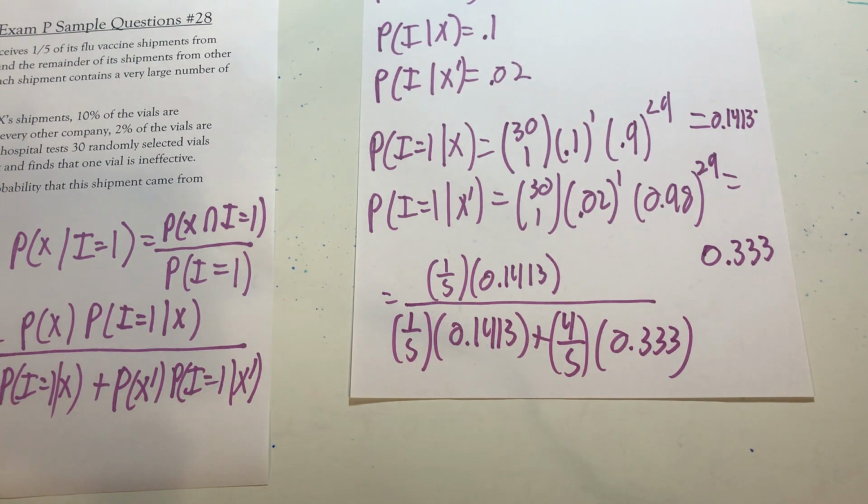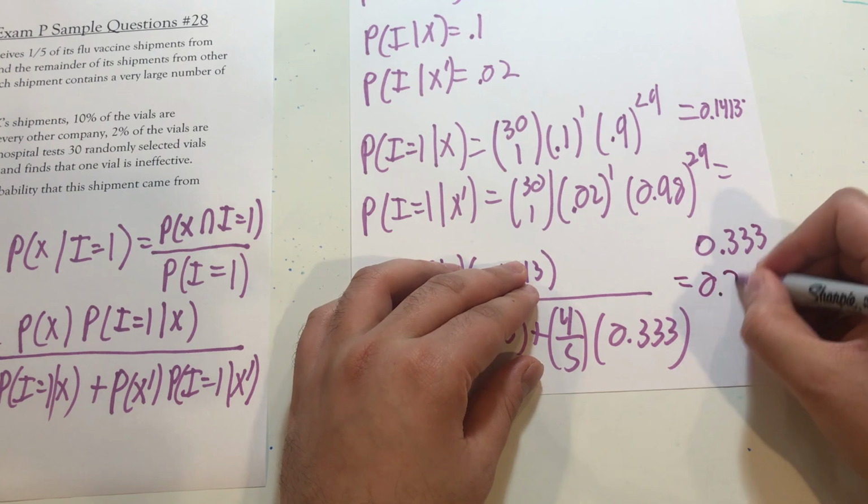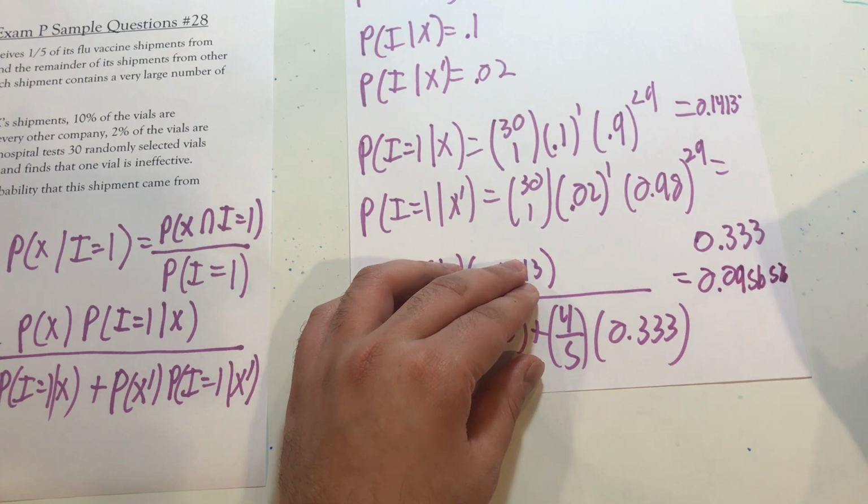Now, this is what I put into my calculator. So that's going to be 1 over 5 times 0.1413 over 1 over 5 times 0.1413 plus 4 over 5 times 0.333, and that gets me an answer of approximately 0.0956576.